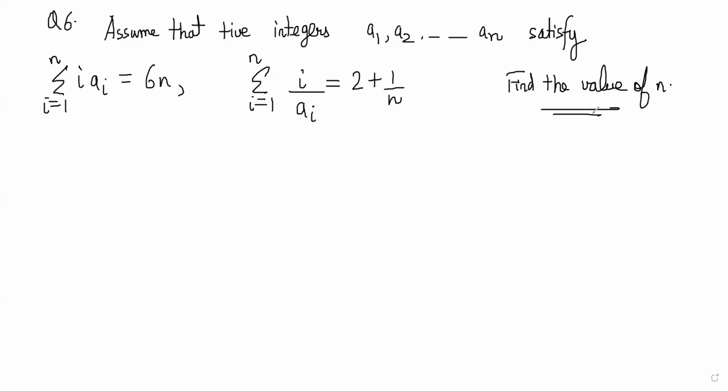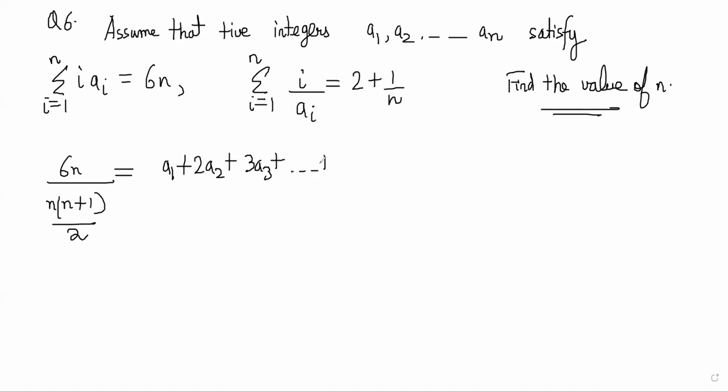Okay. Now, what we will say here is 6n by n into n plus 1 by 2 is equal to a1 plus 2a2 plus 3a3 plus nan, by n into n plus 1 by 2, right?